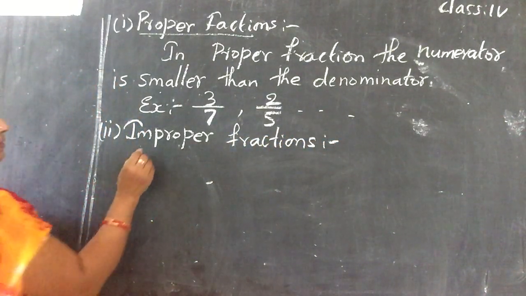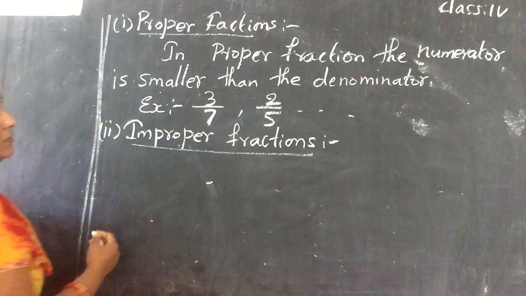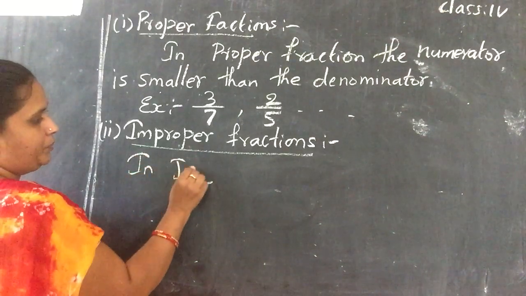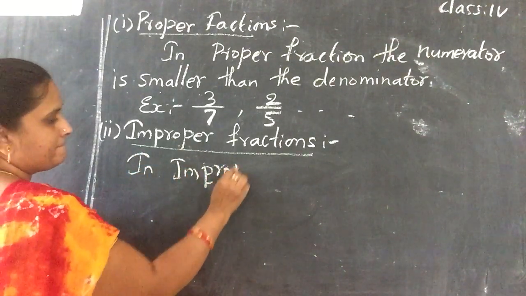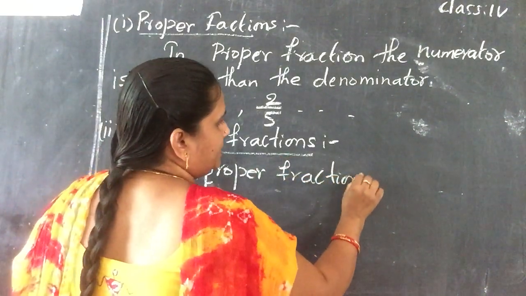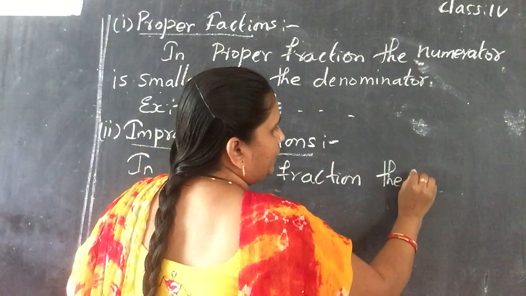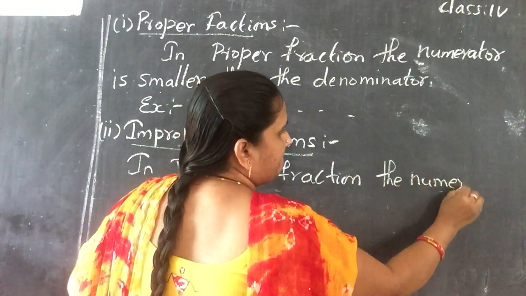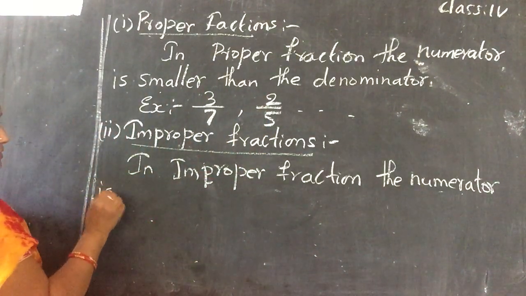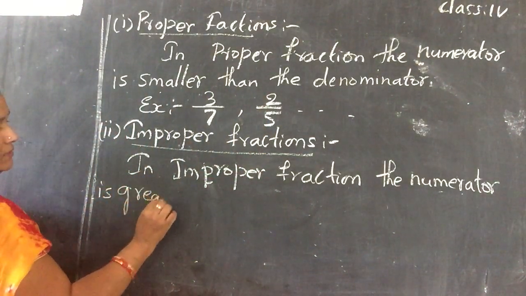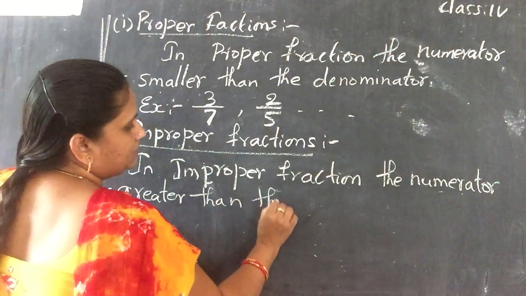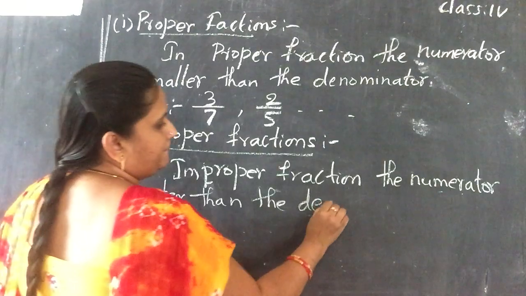Write down: in an improper fraction, the numerator is greater than the denominator.